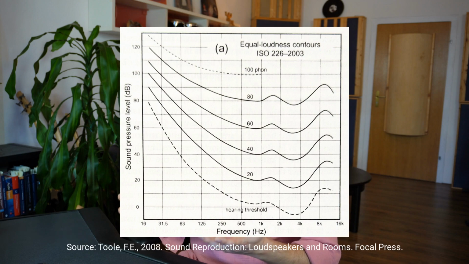And there are 2 reasons for this. The first one is that your perception of tonality, if you will, the frequency response of your hearing apparatus, changes with volume. Maybe you've heard about the equal loudness contours or the Fletcher-Munson curves.